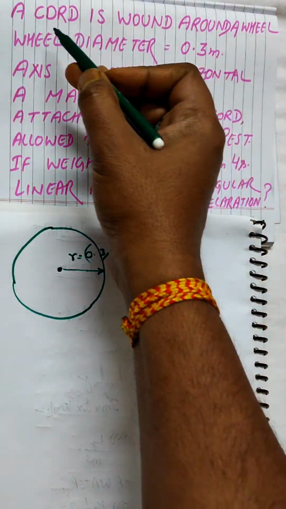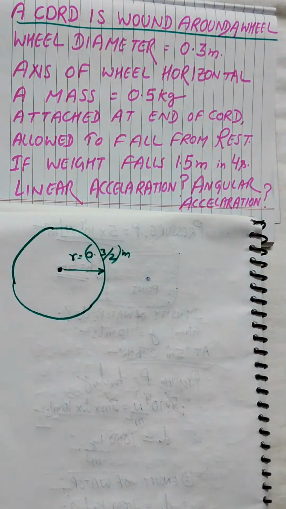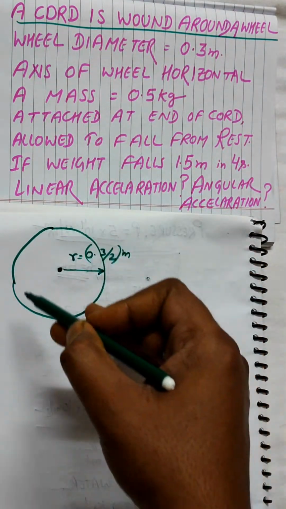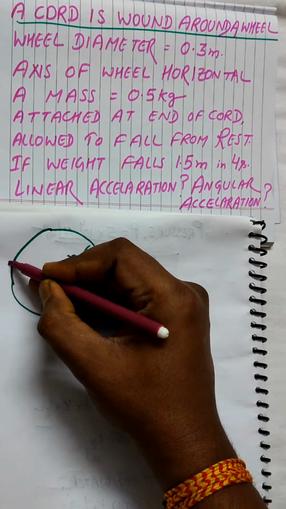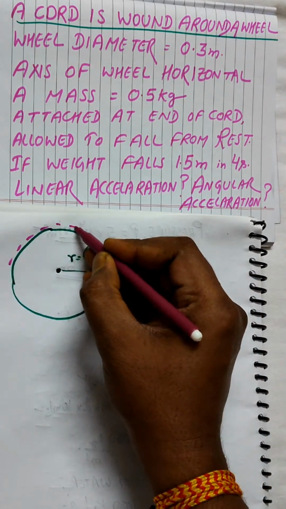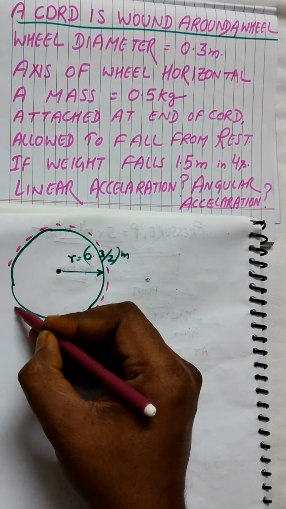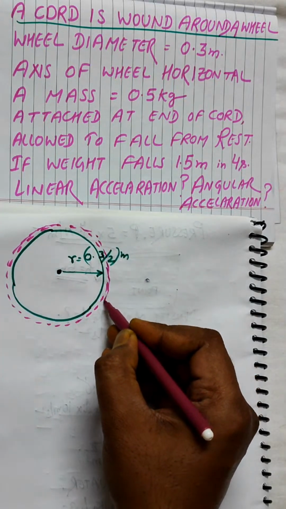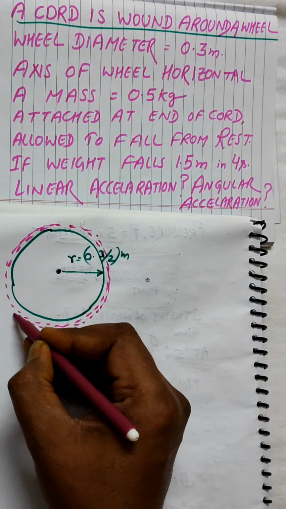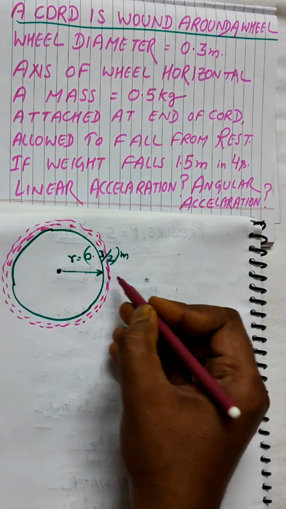First of all, we need to understand the cord is wound around the wheel. That is, it's rotated around the wheel, like this. It can be of multiple rounds, but it's not mentioned here. So the cord is wound around the circumference of the wheel.